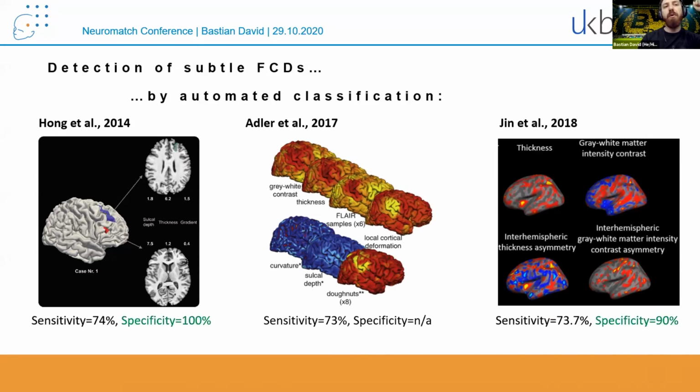And if you check these approaches, the specificity, at least of the 2 approaches I highlighted here, is very high, or actually perfect. But if you check the sensitivity, you can see that over the years, the sensitivity of these approaches has not really improved, and it's around 70%, which is kind of the level that neuroradiologists also reach.